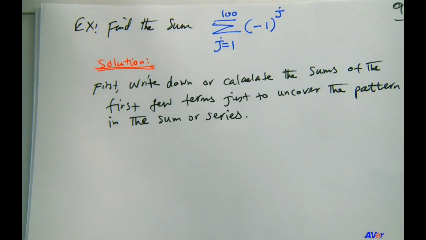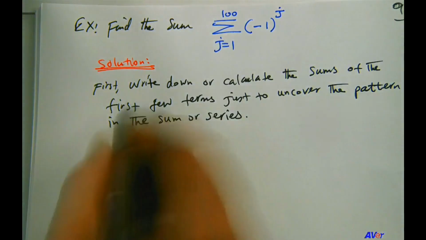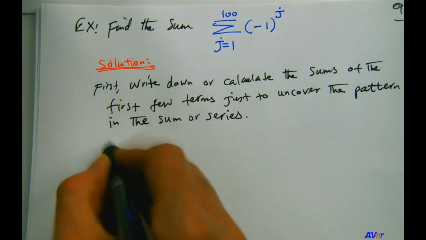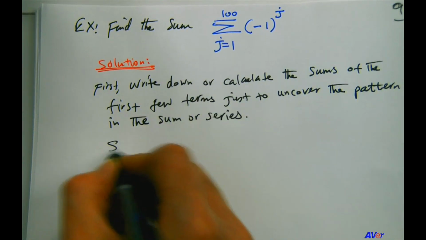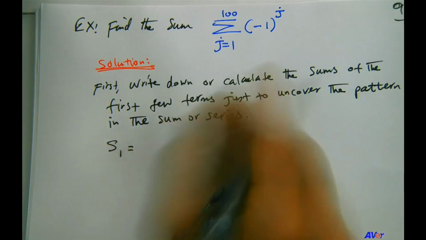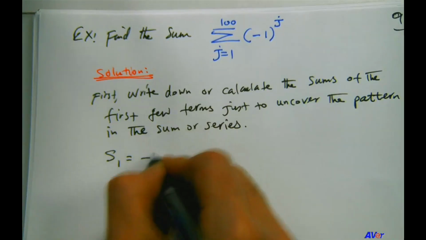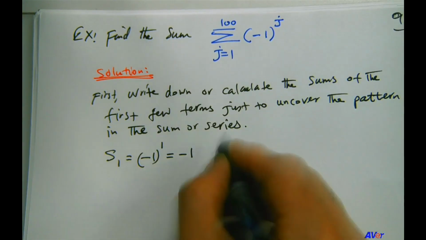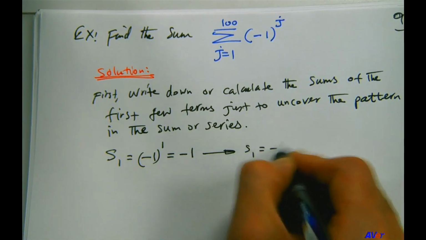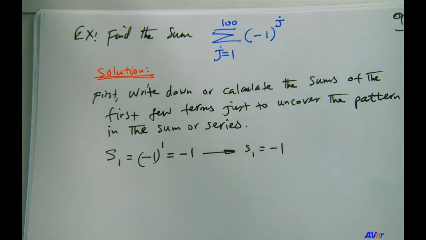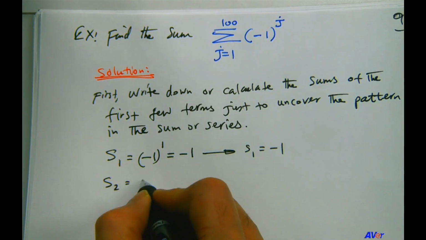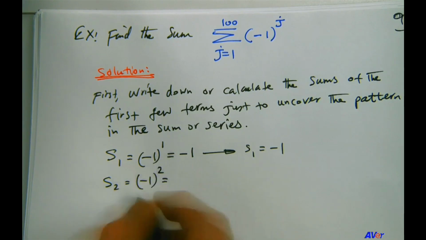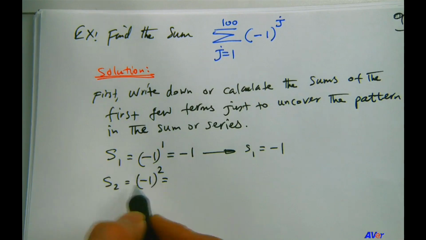Okay, so to do that, we say that for S1, J would be 1, right? So minus 1 to the first power, we have negative 1. So S1 equals negative 1, right? So S2 would be negative 1 squared and plus, and S2 is the sum of the first two terms, right?